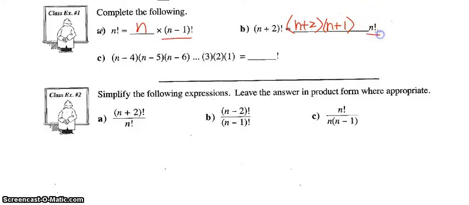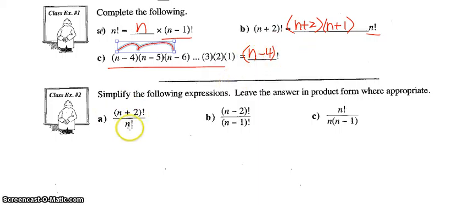So that's n, and then it continues. All right, if I have n minus 4, the number gets smaller and smaller. So it starts with n minus 4, so that is my factorial. When you want to put a factorial in an expression, put it in a bracket. And again, you cannot cross out any part of it. You can only cross out the whole factorial.